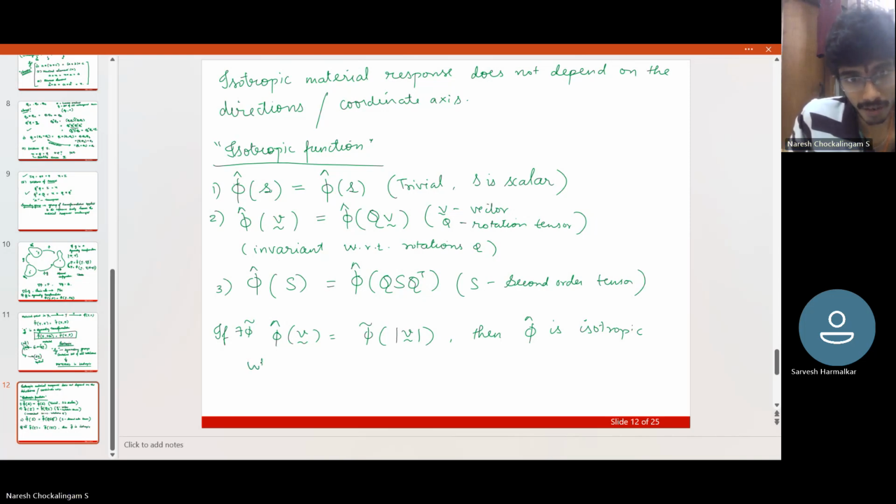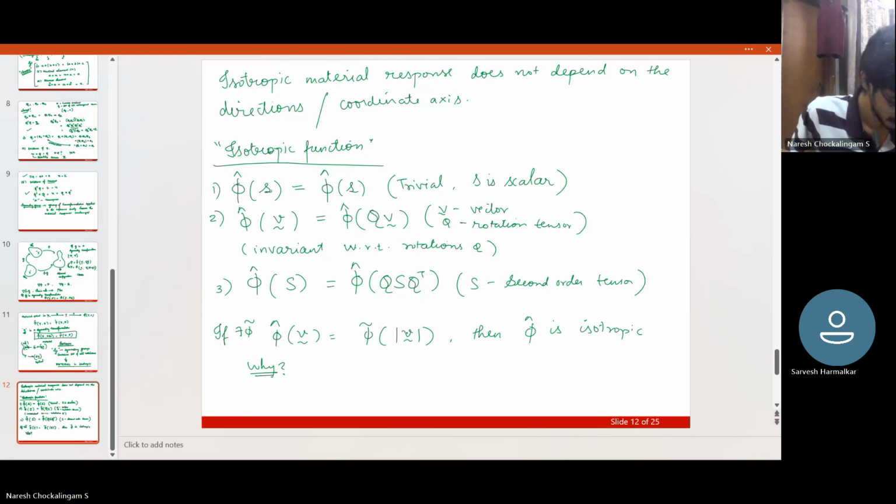Why? Because the length of a vector does not depend on which coordinate system we are using to describe the vector, right? So the length of a vector does not depend on the components. The length of a vector is invariant to orthogonal transformations. We can rotate a vector and have the same length.